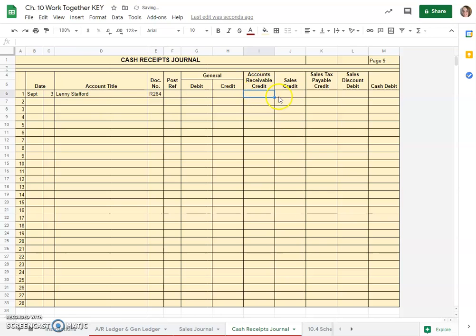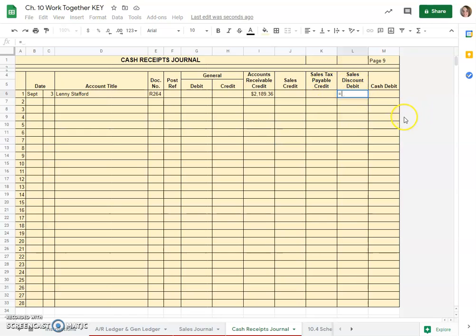So he would be credited the full amount, $2,189.36, and we'll just go ahead and change this all real quick to black text. There we go. And he had a 2% discount. So that's going to be a sales discount debit.